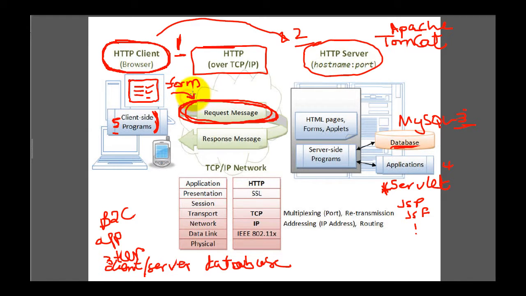Now this web browser can be running on any of these gadgets, any of these electronic components, and once we click submit, this browser will bundle this into this request message. And then it is going to take this message and push it onto this layer.